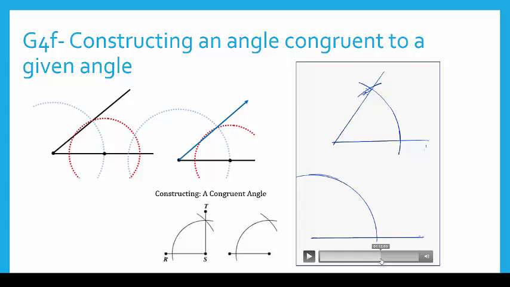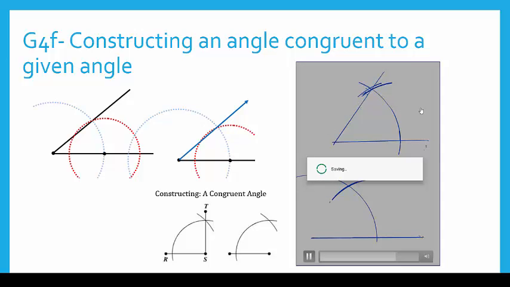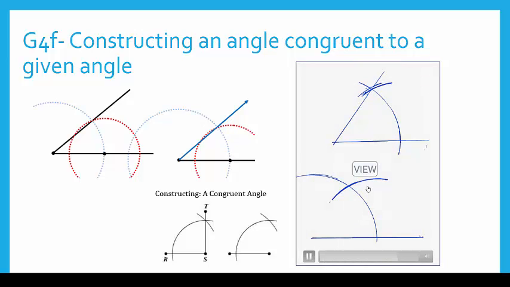And then keep on going. Yep, you want to sweep through like this, and then you sweep through like this, and that intersection point is the same as that intersection point. So we're going to draw a line from here on through. It's pretty nifty. So let's watch that unfold. We know what's going to happen.